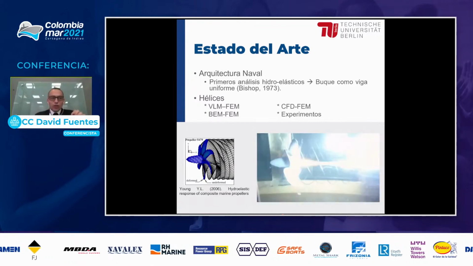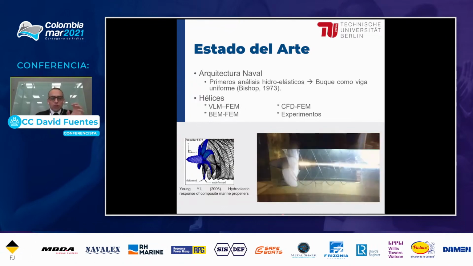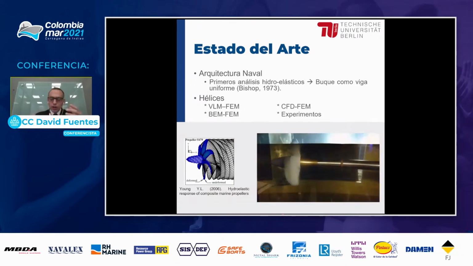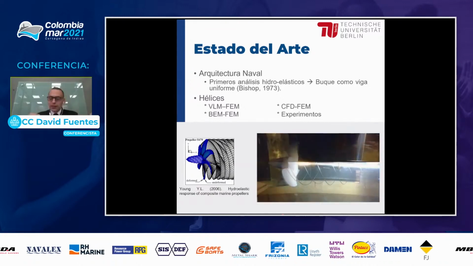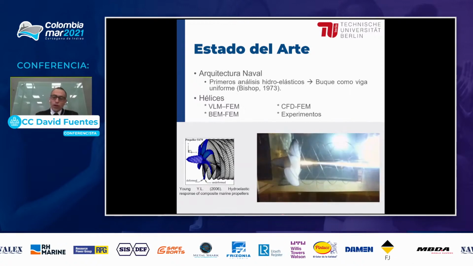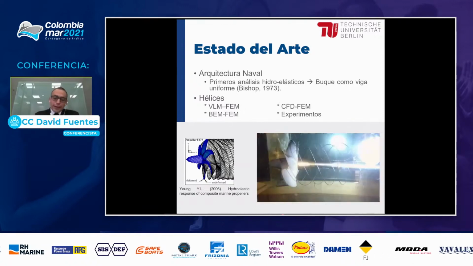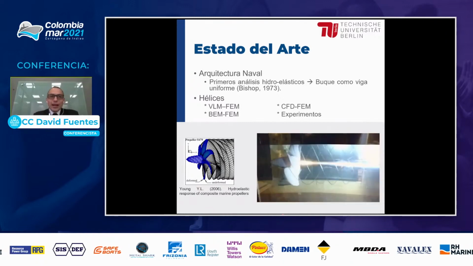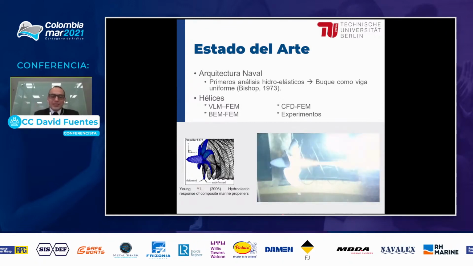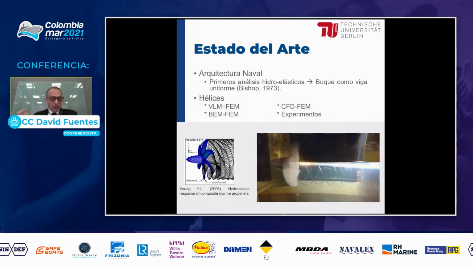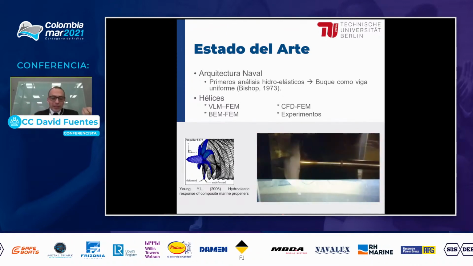In 2008, the hydroelastic response obtained was compared using different codes, such as a panel code, a fluid dynamics flow code, or a fine code, with the purpose of getting to know the consequences that the potential flow had in the results.